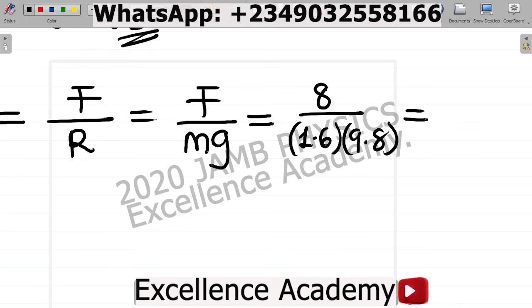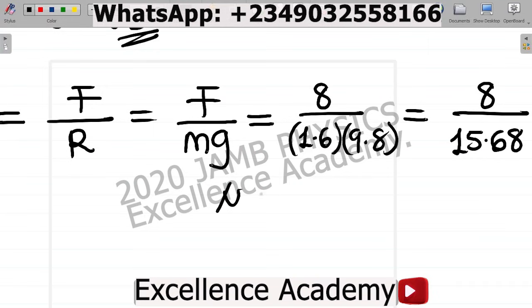I'll pick up my calculator and let's see how we can work on this. This becomes 8 all over 1.6 times 9.8, that's about 15.68. So mu is equal to 8 divided by 15.68.